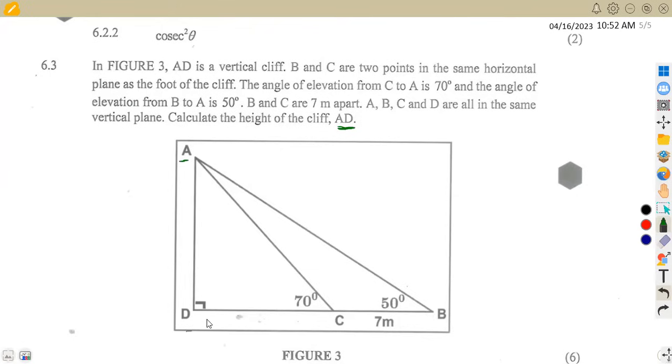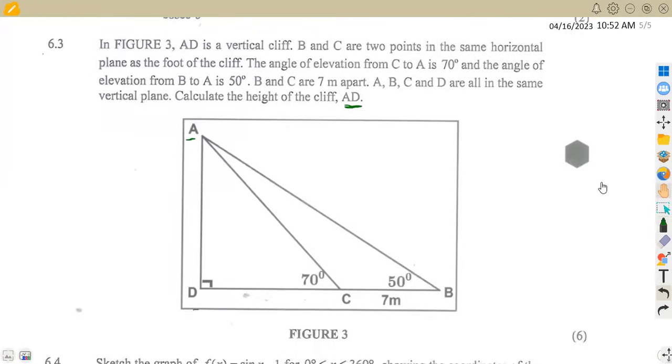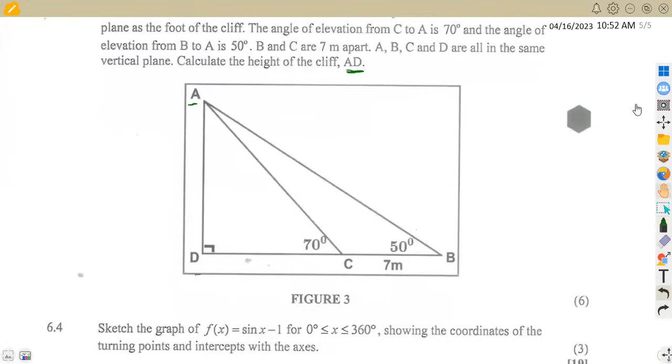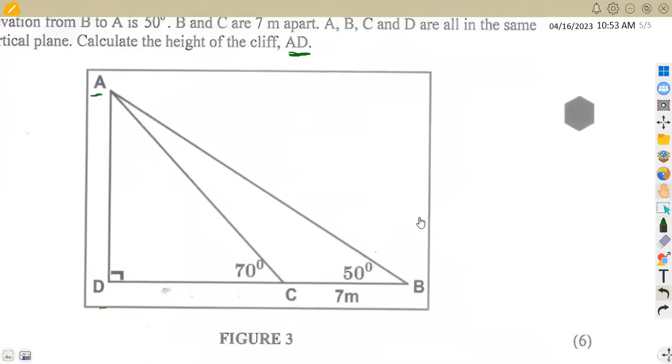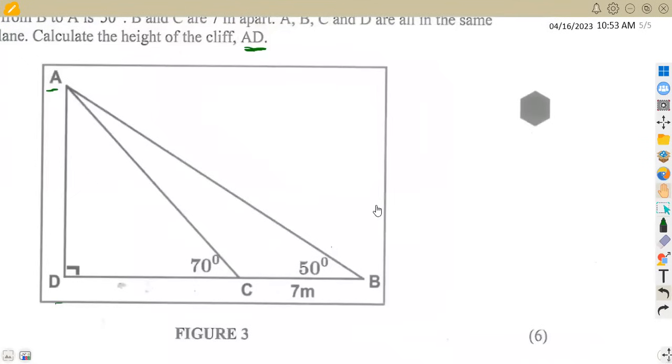So how can we calculate this height from the only information that we have? If you check here, it is difficult for us to obtain this AD directly because in triangle ADC, we are just given an angle of 70 degrees, only that, we are not given any side.